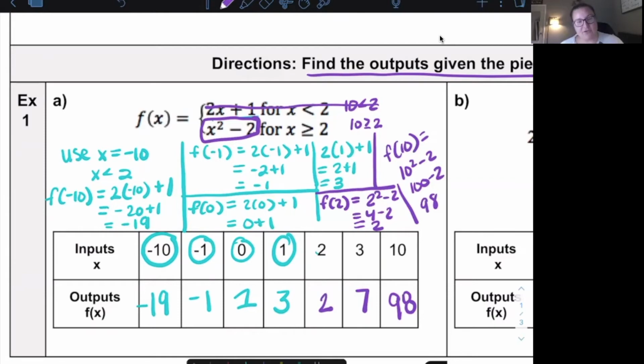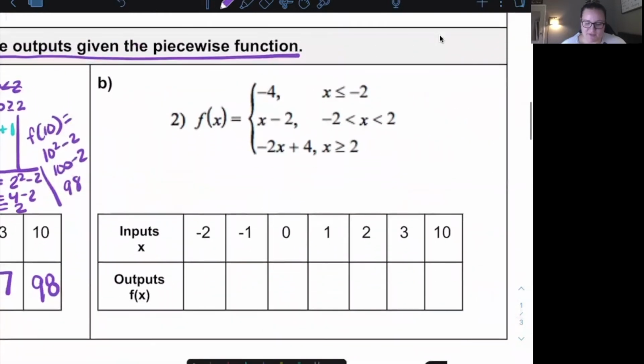All right, so why don't you go ahead and try an example on your own. So for part B, your piecewise function is, this 2 is extra. I don't know why it's there, to be honest. Okay. All right, so your piecewise function is f of x equals -4 for x less than or equal to -2. It's equal to x minus 2 for -2 less than x less than 2.